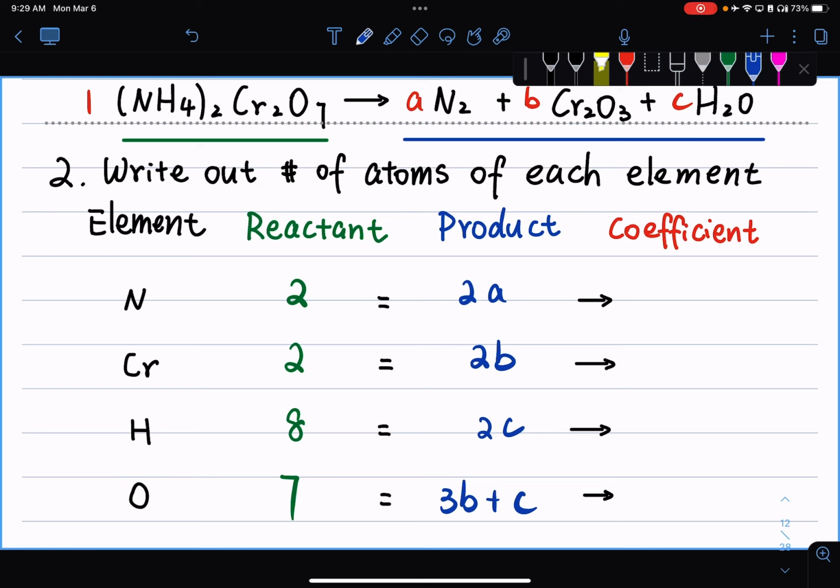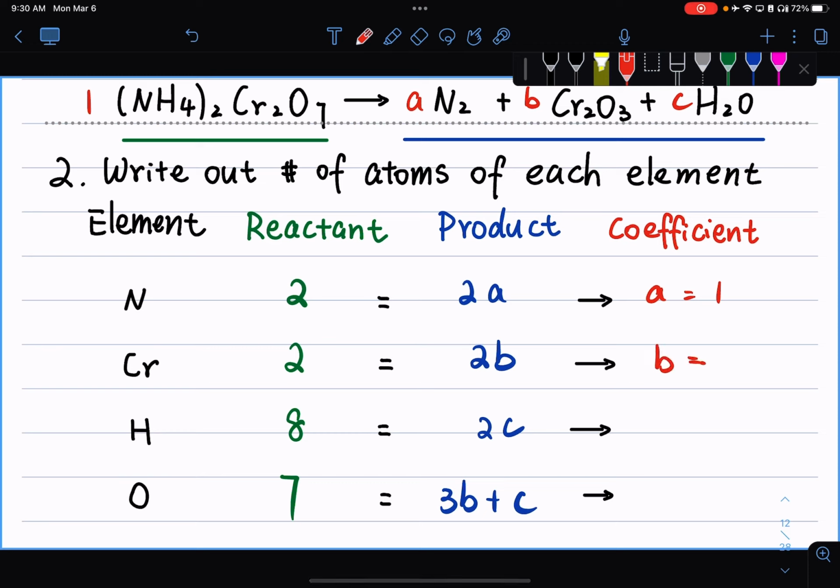What we're doing here, in green, we're writing the number of atoms in my reactant, and in blue, the number of atoms in my product. Then we're going to solve for the coefficients A, B, and C. By solving the first equation, A equals 1, that's quite intuitive.